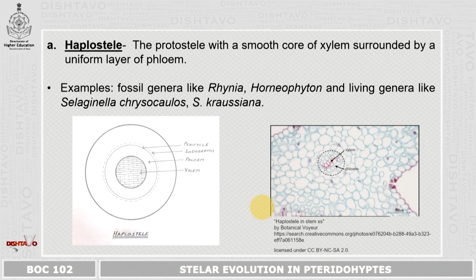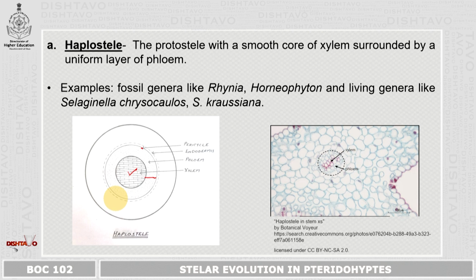Now, coming to the first type of protostele, that is haplostele. If you look at this particular image, in the center you have the xylem, and then you have the phloem. Just like protostele, it is the most primitive type, wherein you don't have the pith region. Outside the phloem, you have the pericycle region, and the dotted line that you can see is the endodermis.